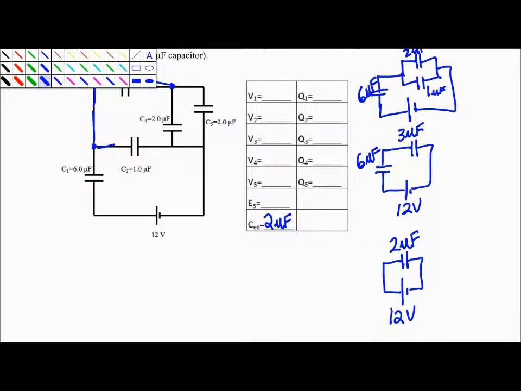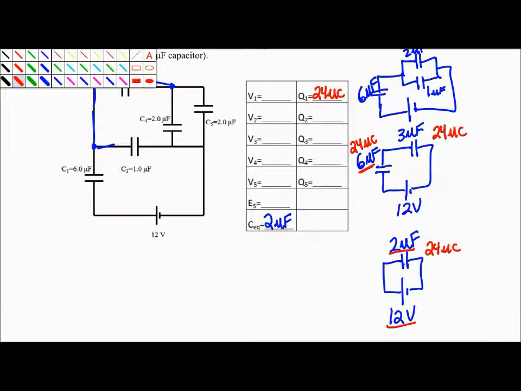All right, now I want to start stepping backwards. So here I have 24 microcoulombs. That's Q equals C times V, 24 microcoulombs. Because these are in series, I'm going to have 24 microcoulombs here and 24 microcoulombs here. So this is actually C1, so this is going to be 24 microcoulombs.